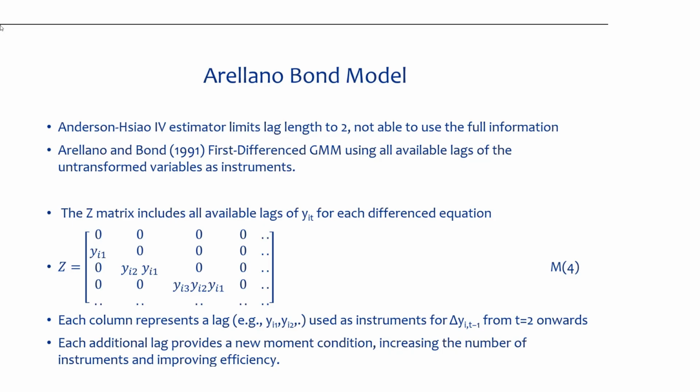If t is equal to 2, you don't have any instrumental variable. If it is t equal to 3, t minus 2, one instrumental variable; t equal to 4, t minus 2, t minus 3, 2. That's the way it goes. Okay. You can create this one.